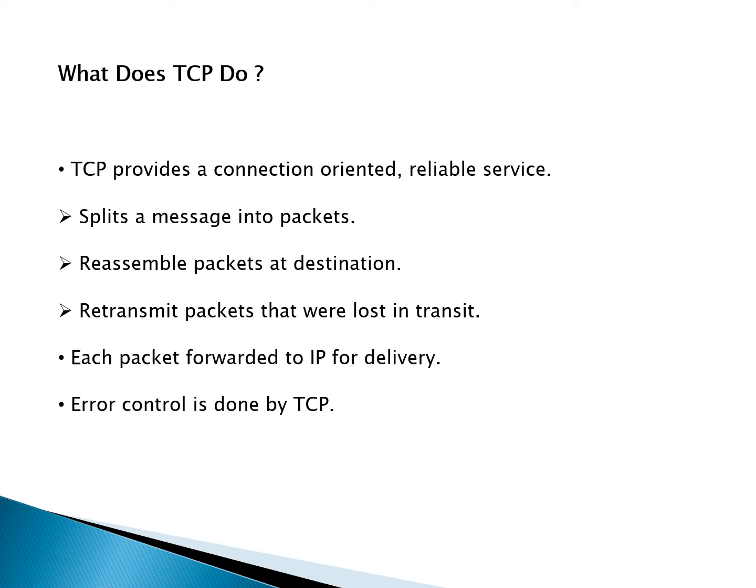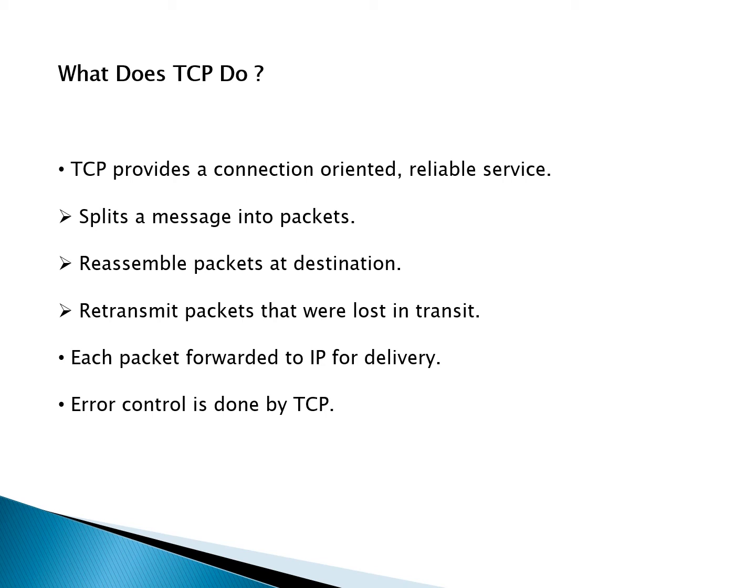Now, what does TCP do? TCP understands that IP, which is below, is not reliable. It knows maybe some packets are lost, some duplicate packets may be there, and packets may be delivered out of order. TCP tries to make the network connection reliable, taking some additional responsibility.